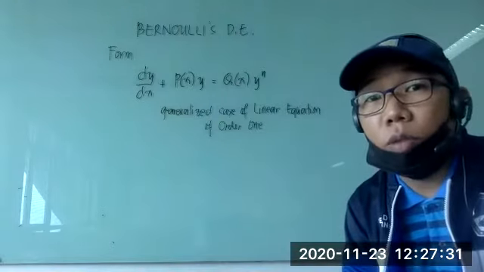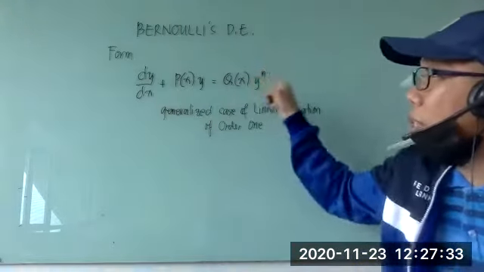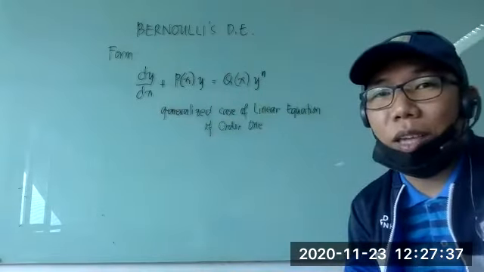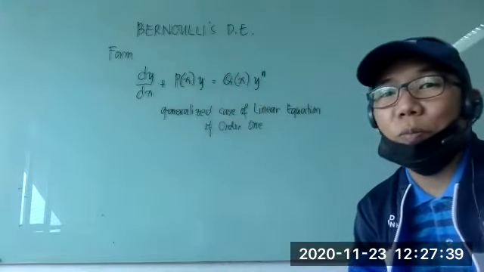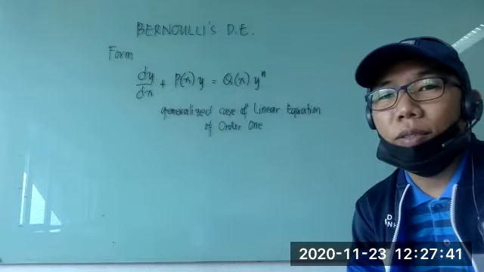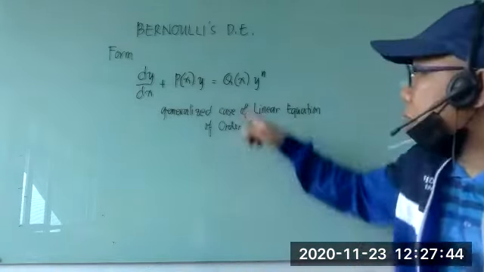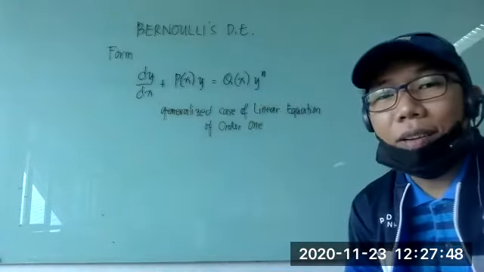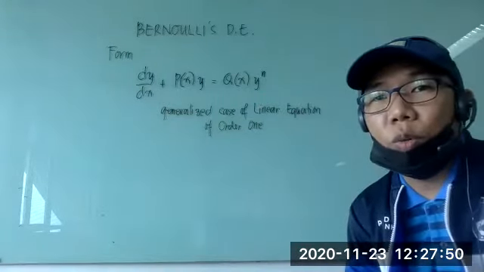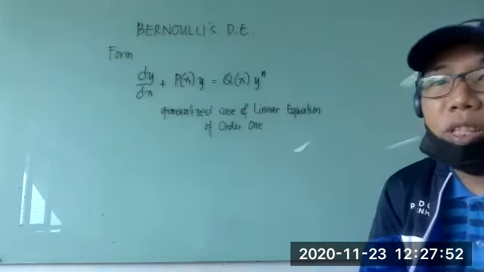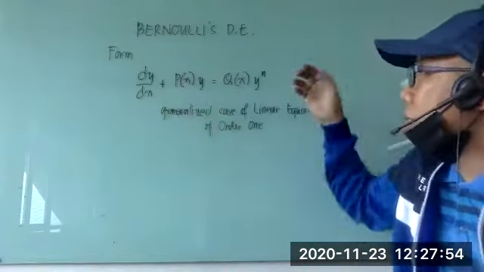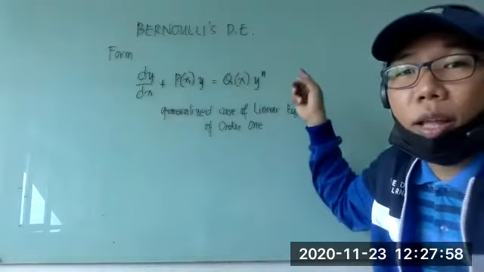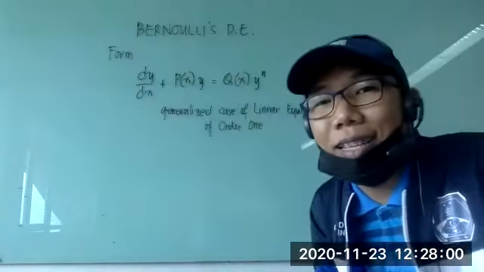Okay, so we can actually make this linear. How? By doing substitution. So how do we do that, sir? Firstly, you are going to eliminate y raised to n at the right-hand side of the equation. So how do we do that? We multiply the entire equation by y raised to negative n, or we divide by y raised to n.